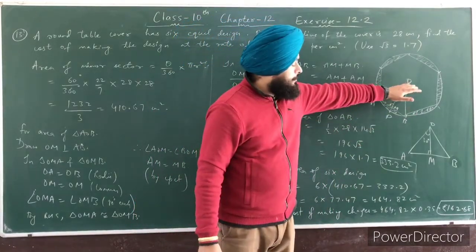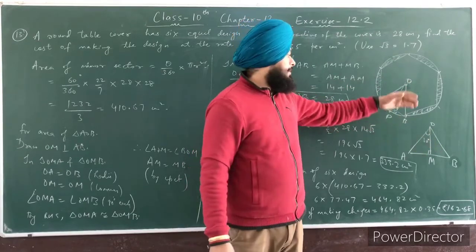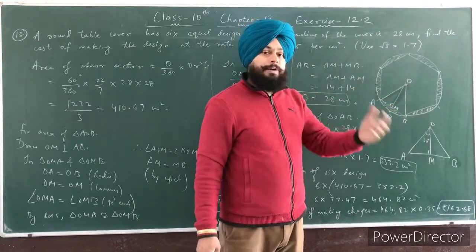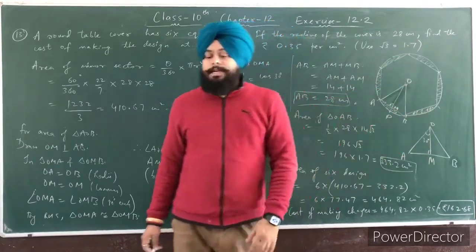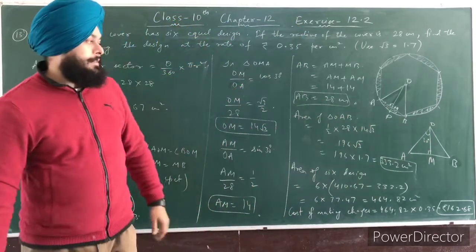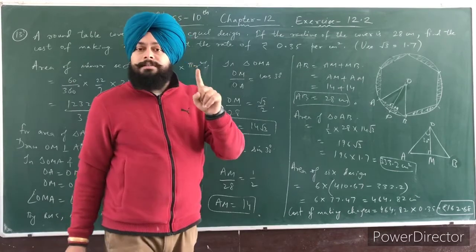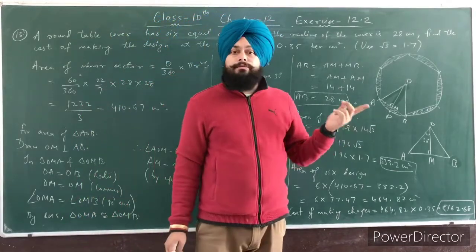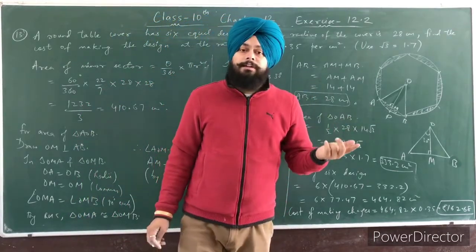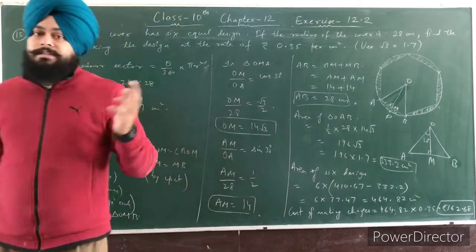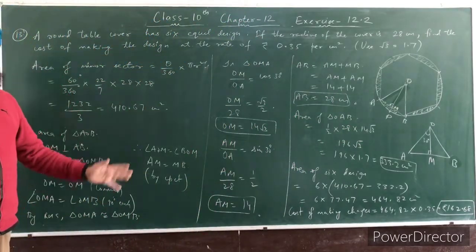First find the area of minor sector, then find the area of triangle. After that, subtracting area of sector minus area of triangle, we will get the area of each segment, or you can say area of one design. After that, find the total area of 6 designs, and then find the total cost of making these 6 designs of the table cover.